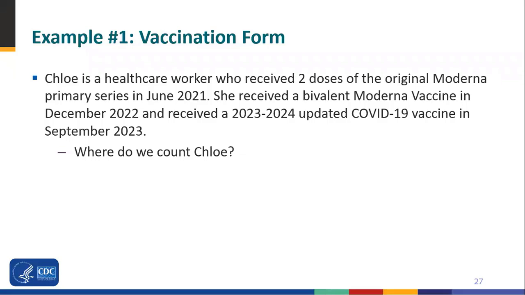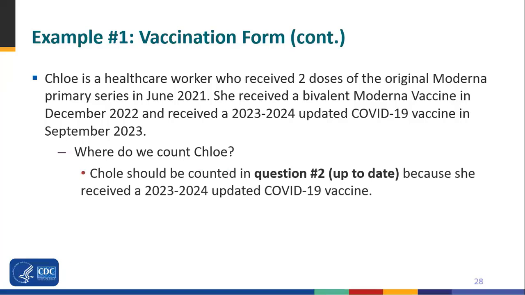She received a bivalent Moderna vaccine in December 2022 and received a 2023-24 updated COVID-19 vaccine in September of 2023. Where do we count Chloe? In this example, we would count Chloe in question number 2 as up to date because she received a 2023-24 updated COVID-19 vaccine.